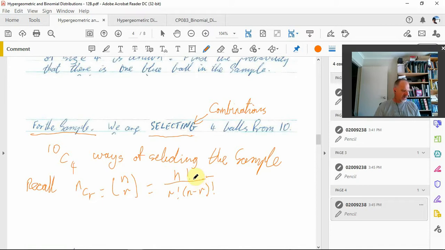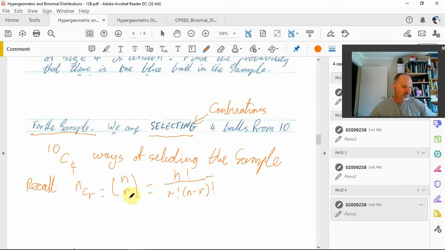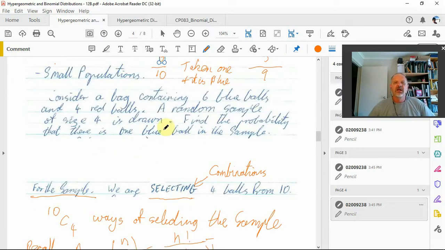All right, but our calculator can work that out for us as well, and that's the method we're going to use in this, but that's just worth recalling. Now, that was our sample, all right? So now what we want to find is the probability there is one blue ball in the sample.